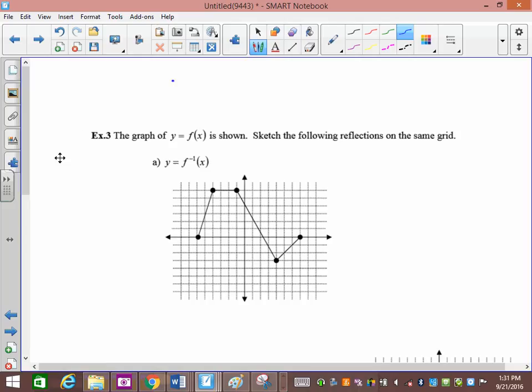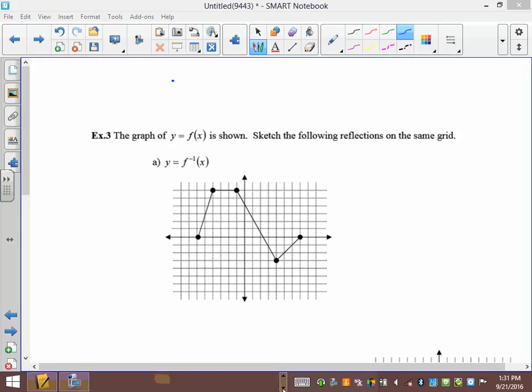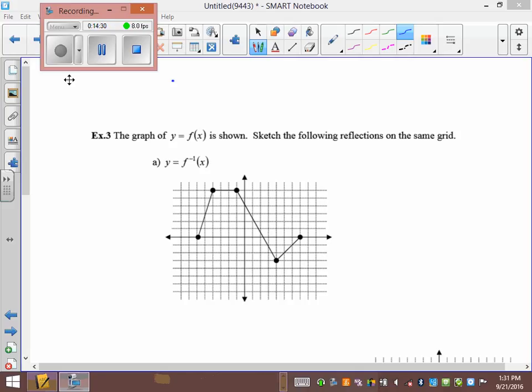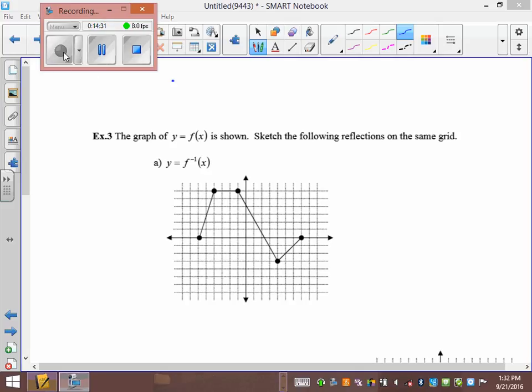Okay, we're going to sketch the following. Go. So this point at -1, -2. -6 and 0 is going to be at 0 and -6.